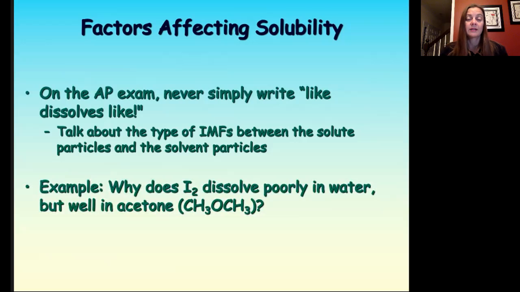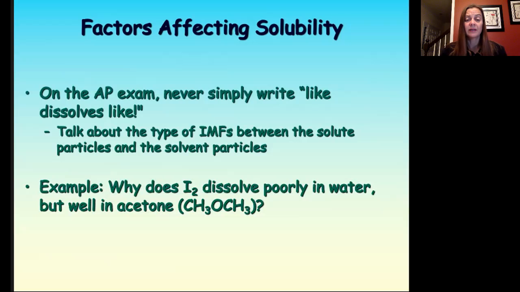Iodine is a nonpolar molecule. As far as its attraction to other iodine molecules, that's going to be exclusively London dispersion forces. Water, we know, is an extremely polar substance, and so it has strong intermolecular forces, in fact even hydrogen bonding with other molecules of water.